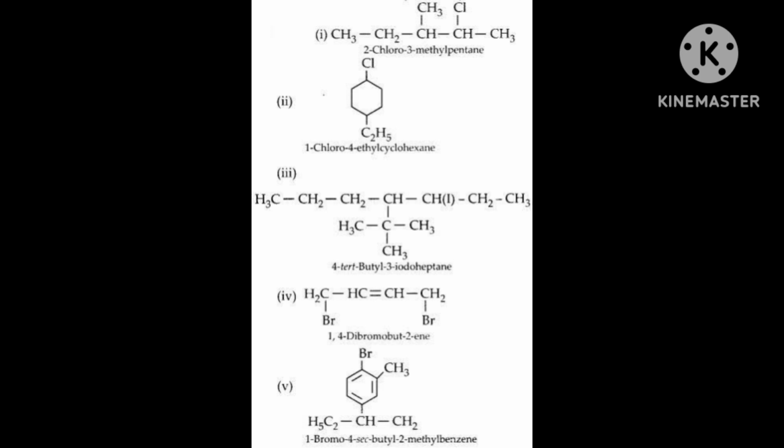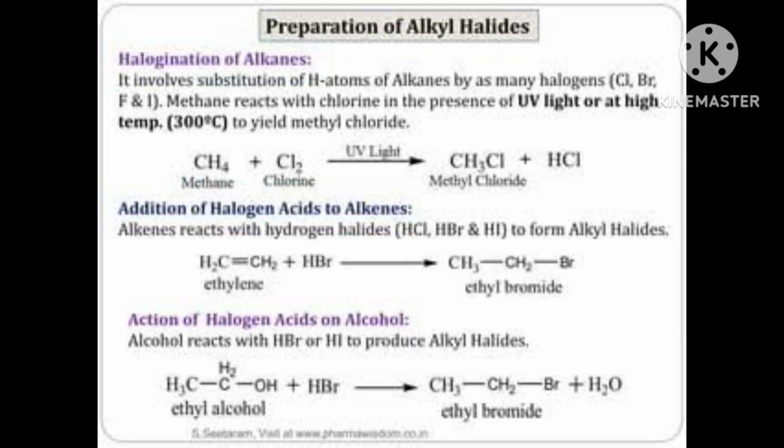What will happen? It will give two products. Both will be chlorides only, that is alkyl halides, but both are isomers. Both are butyl chloride, but the chlorine position differs, so it can give two products.